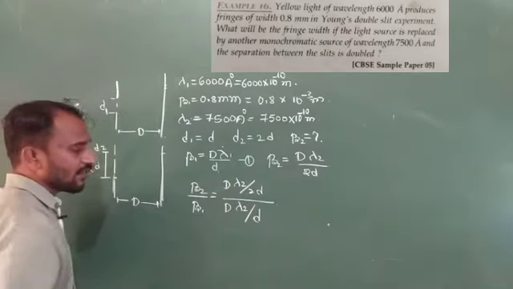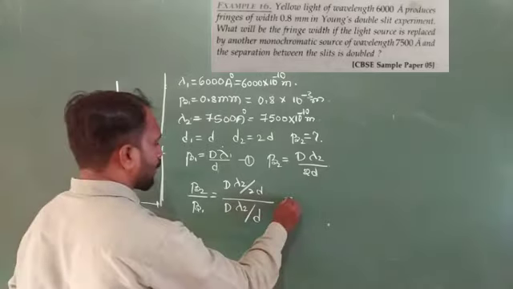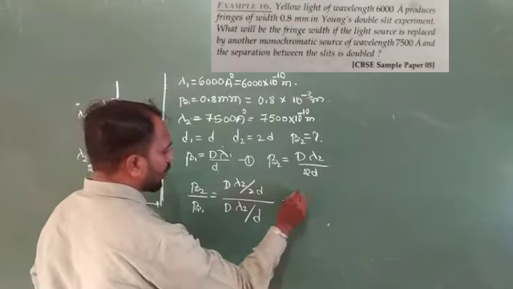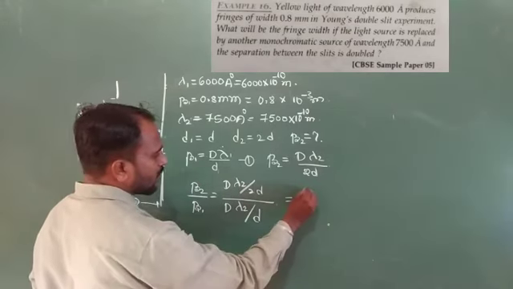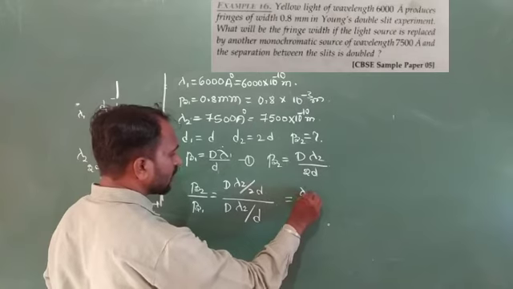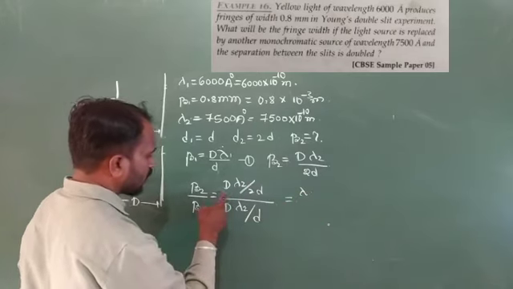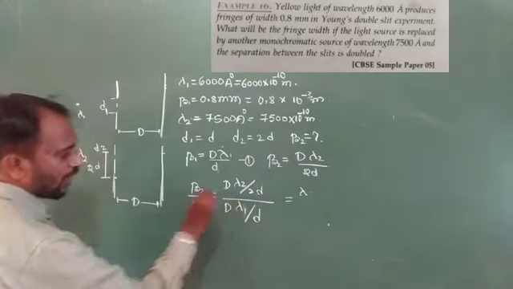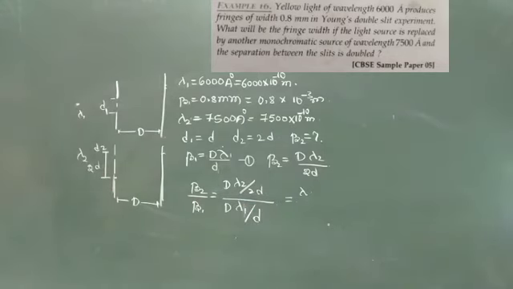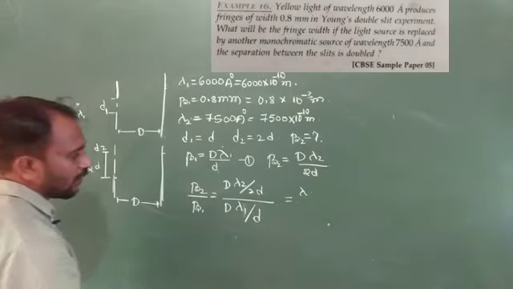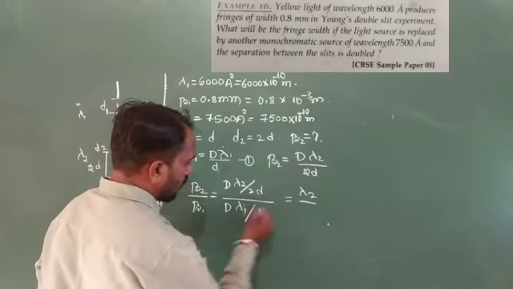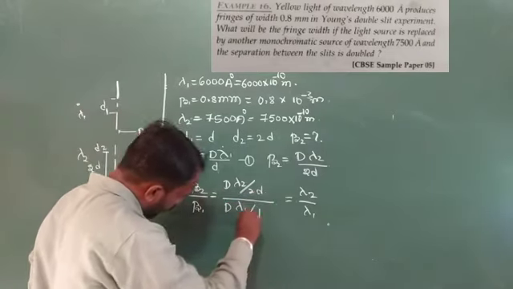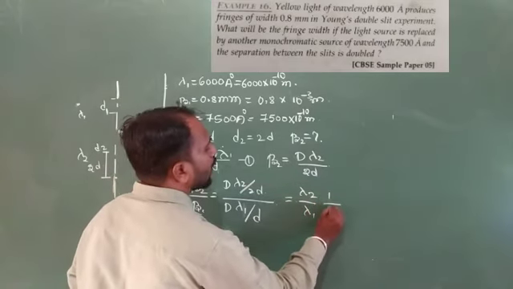Here capital D and small d cancel, so beta 2 divided by beta 1 is lambda 2 divided by lambda 1 and divided by 2, it means 1 divided by 2.